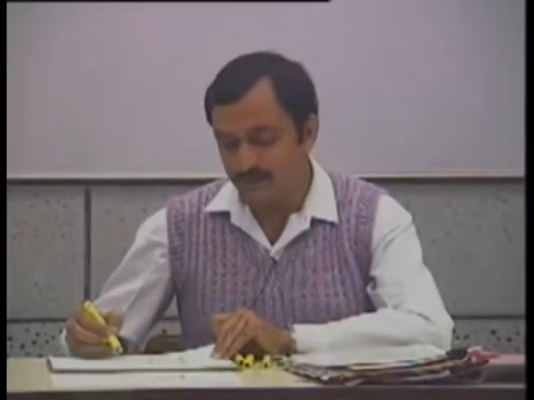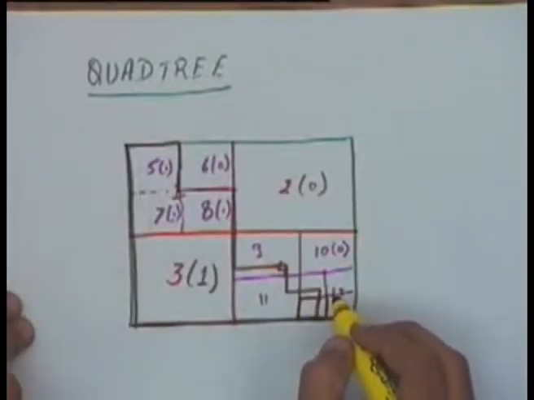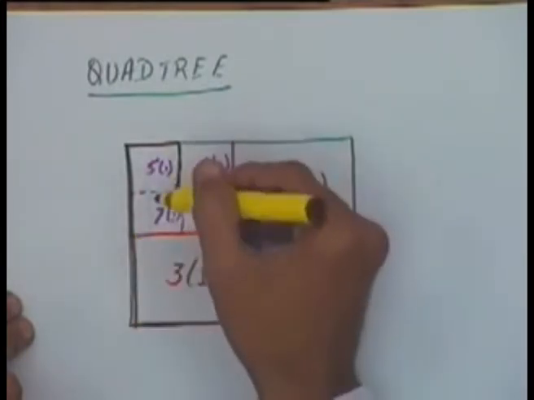And the larger the accuracy that we want, the more the number of times we will have to subdivide the area. If you want a very accurate model, let's say if you want to go up to microns, then we will have to keep subdividing to a large extent, which means that the depth of the tree will become very large and the space involved will also become very large.